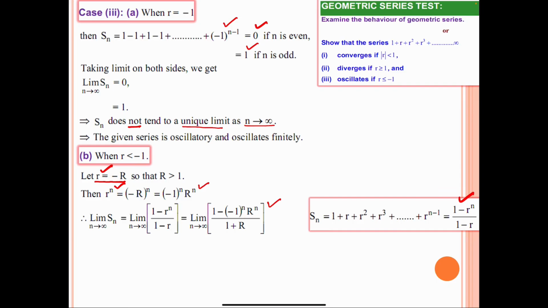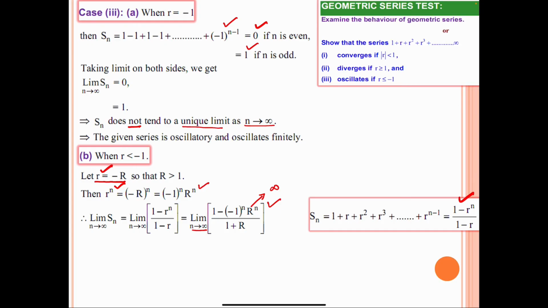अब देखिए यहाँ पर क्या होगा. Capital R is greater than 1. Okay. Let us suppose r is 2, capital R is 3, capital R is 4. And as n tends to infinity, this term goes to infinity. Clear? This term goes to infinity, and minus 1 power n.